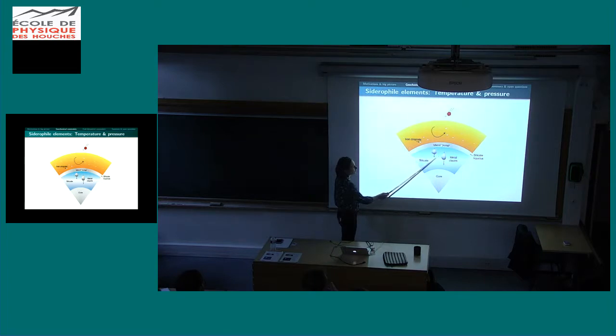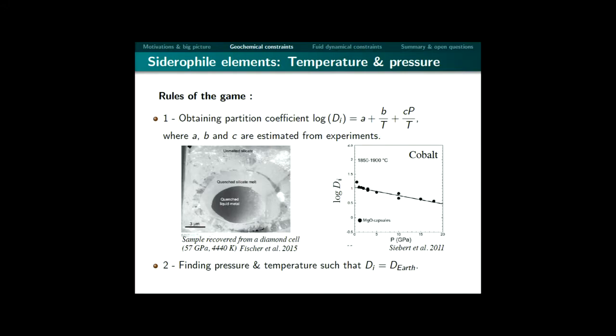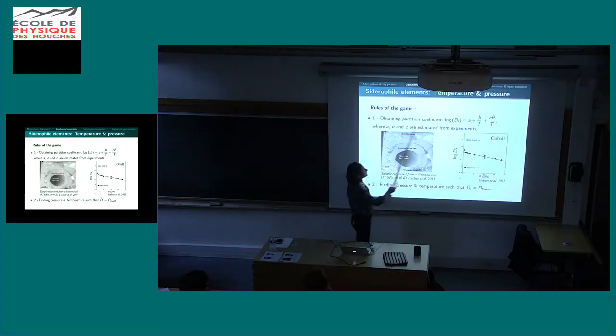Then the metal pond can migrate and form diapirs until they migrate to the core because they are denser. Here you can have chemical equilibration between metal and silicates. So in that case, we can get the partition coefficient from high pressure, high temperature experiments, as a function of temperature and pressure.